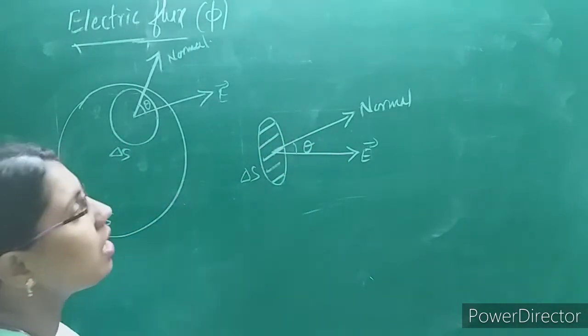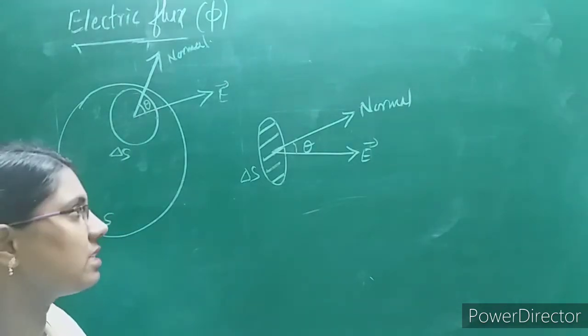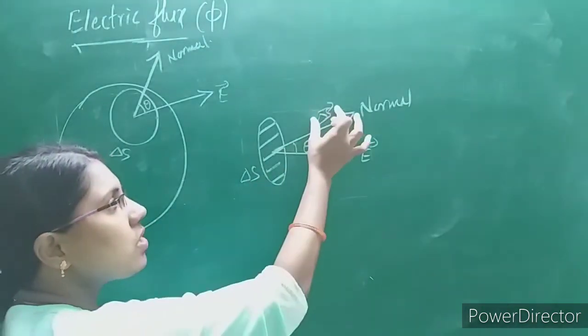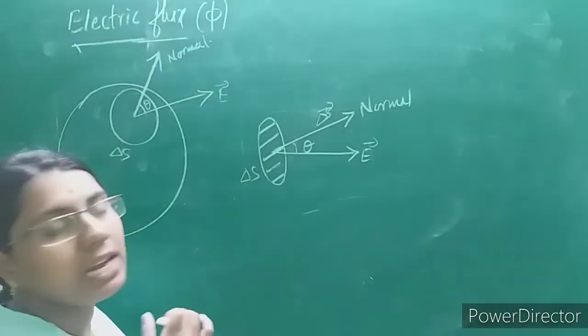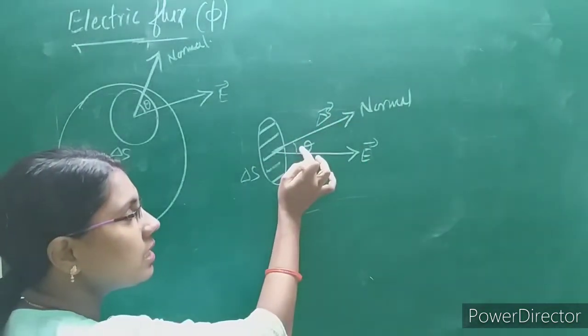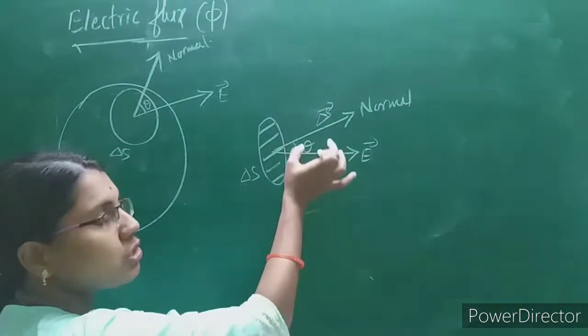Right. So now, how do we write the expression for electric flux? This is the area vector. Now resolve this area vector along the direction of the electric field. Here is the angle theta, and the electric field is adjacent to this normal.